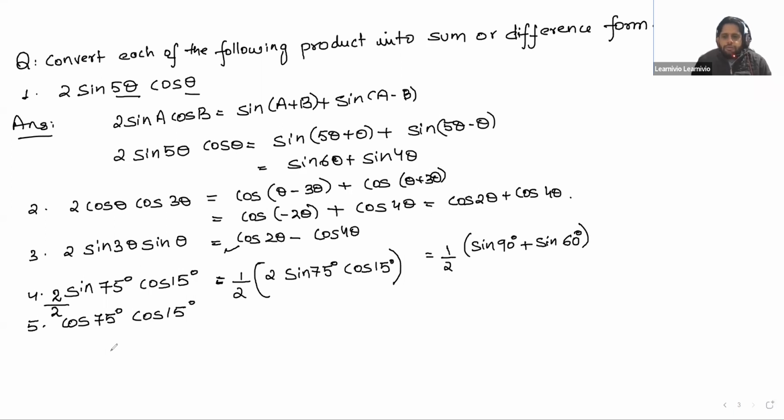So the next is cos 90 plus cos 60. Very good. That's correct. Rutvika, there's no need to further solve this.